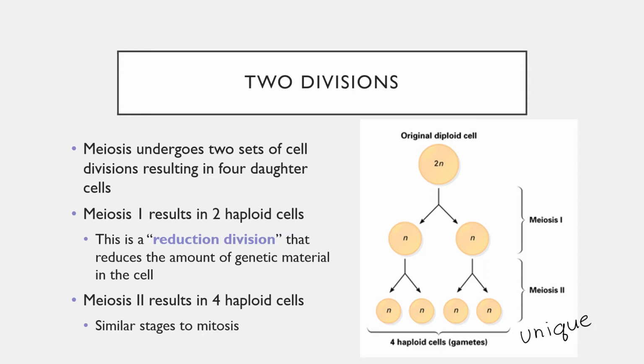So meiosis 1 is going to give us 1 division, and it's a reduction division. We're going to go from a diploid cell, a 2N cell, to a haploid cell, just N. Then meiosis 2 is going to take that haploid cell and divide it once again to create our 4 final haploid cells. Meiosis 2 is essentially identical to mitosis.